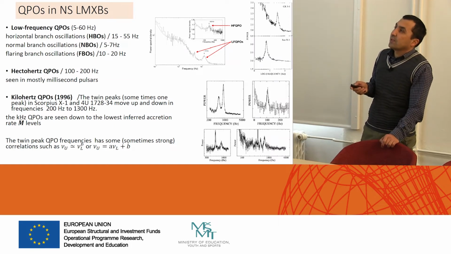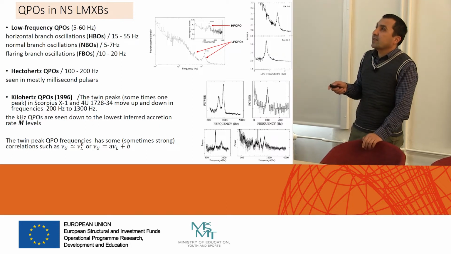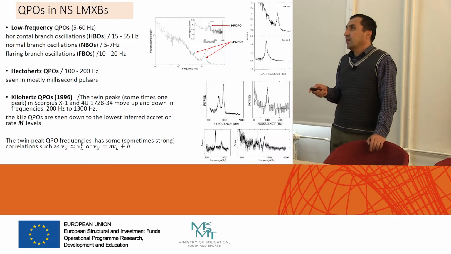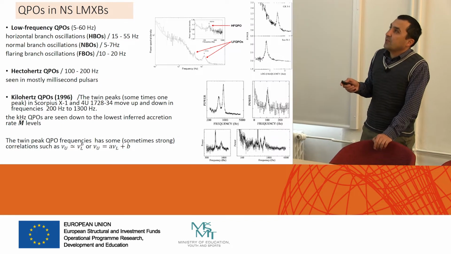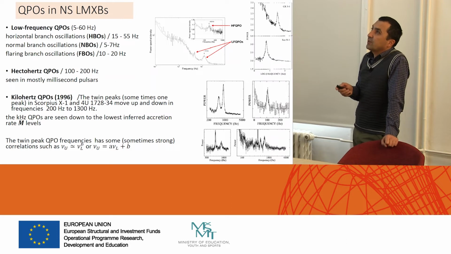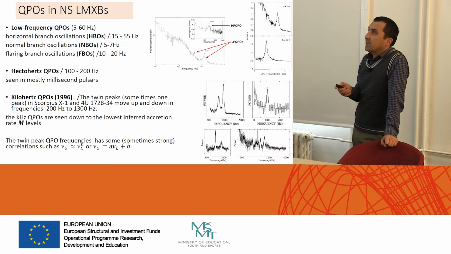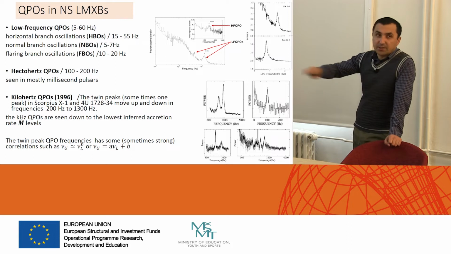We have hectohertz QPOs and kilohertz QPOs, and the low frequency QPOs have 3 categories: horizontal branch oscillations, normal branch oscillations and flaring branch oscillations of the accretion disk.